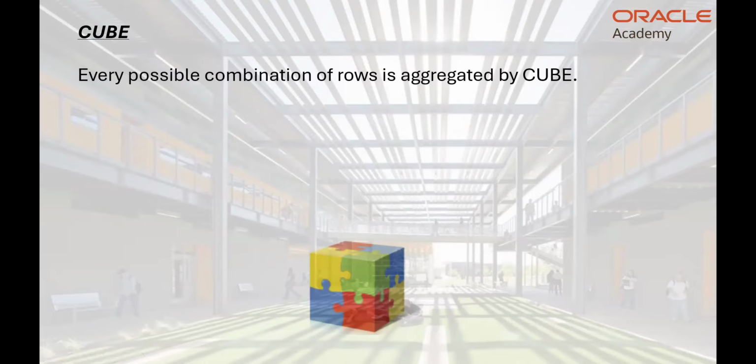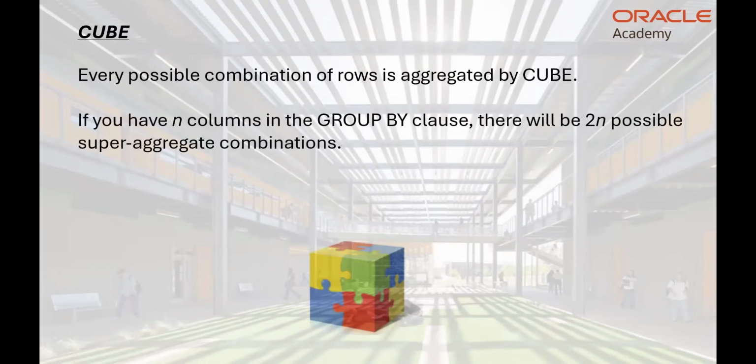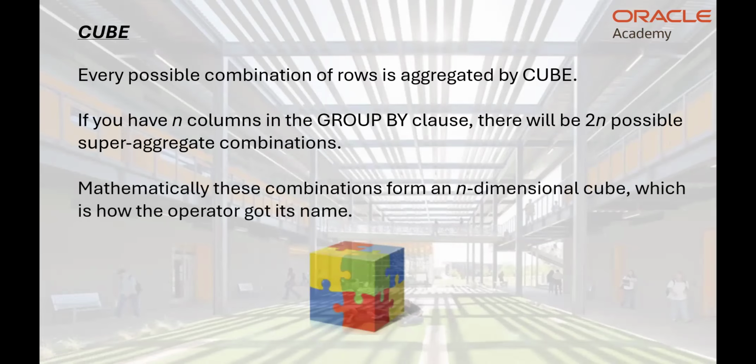So every possible combination of rows is aggregated by a cube. This really gets deep into accounting, but you really need to understand how this is formed, and you'll see when I get to the example. So if you have n columns in a group by clause, there will be 2^n possible super aggregate combinations. Mathematically, these combinations form an n-dimensional cube, which is why it's called a cube.